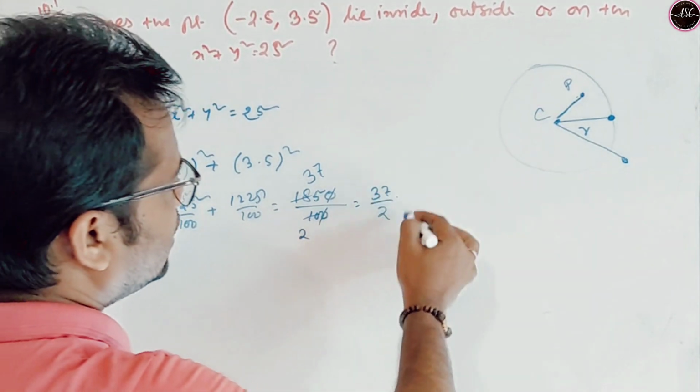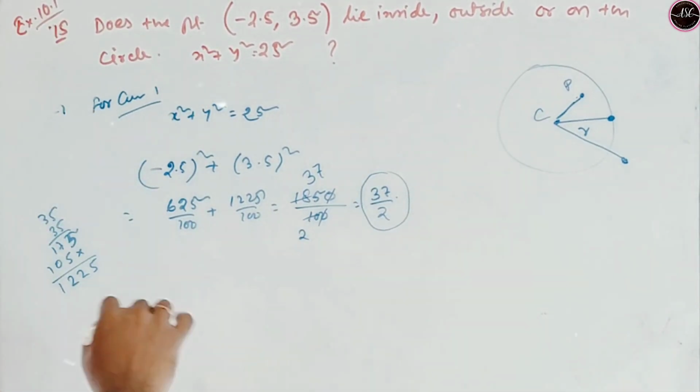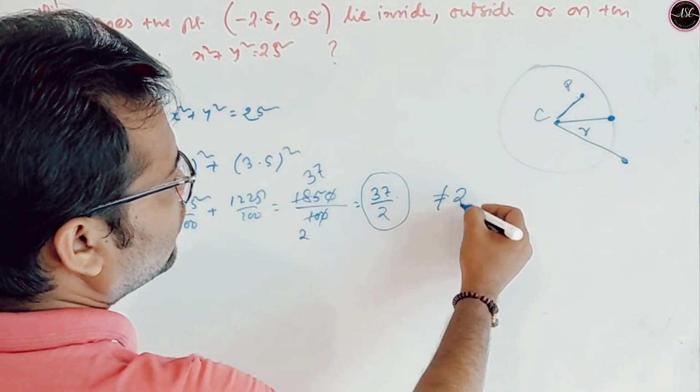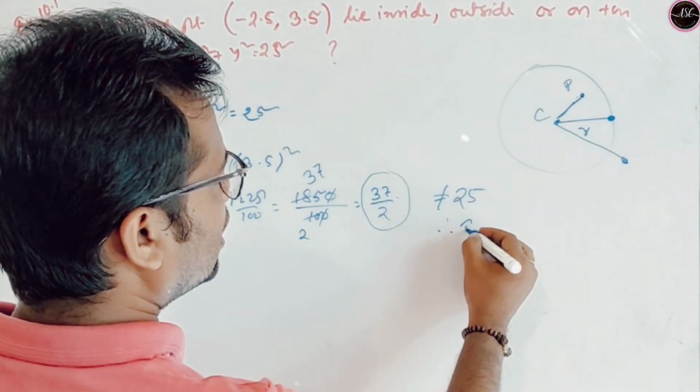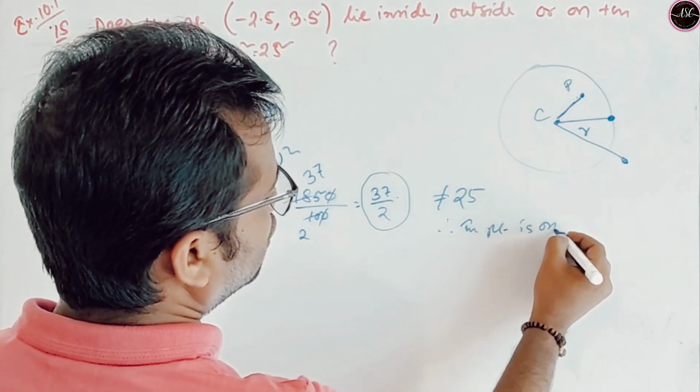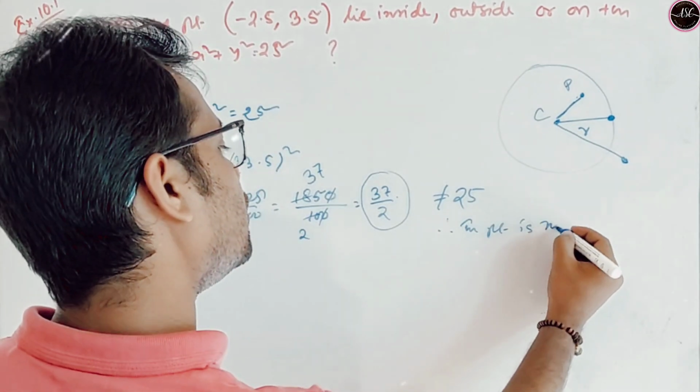So the value is not equal to 25. Therefore the point is not on the circle.